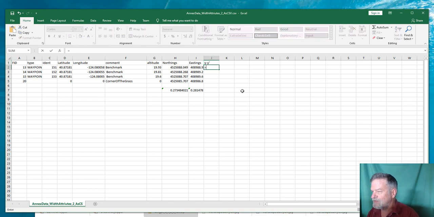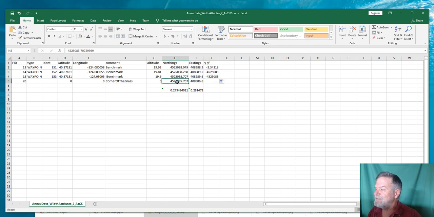In other words, in this cell I'm going to put the northings from our higher accuracy minus that one, hit return. Now I can drag down, but that's not going to be correct because it's not going to lock into this value. To do that, I need to make each 5 be surrounded by dollar signs, and that just means that as I drag down, do not change that H5. So in other words, this one goes from H2, H3, H4, but H5 stays the same in each case.